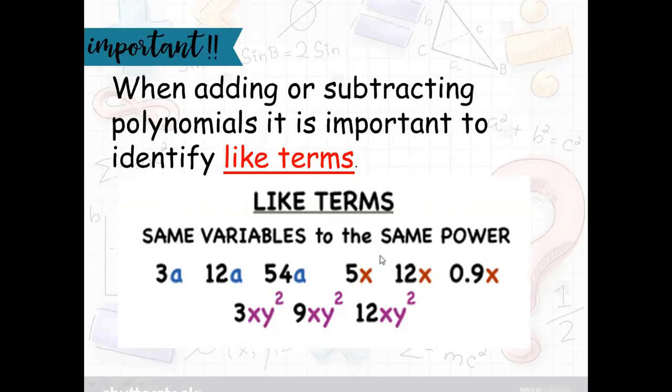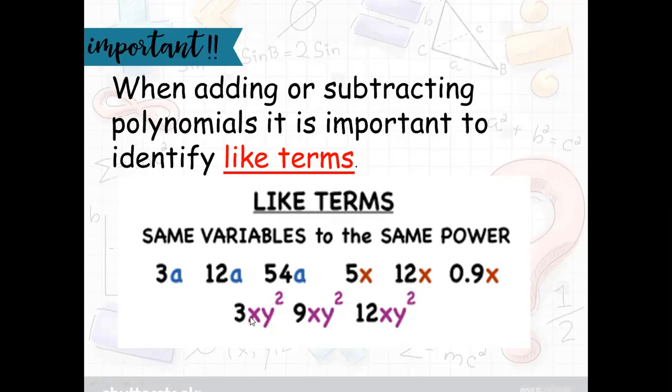In case there is a power for x, for example, if it was 5x squared, then 5x squared, 12x and 0.9x are not like terms, because 5x squared has an exponent, but these two don't. So for terms to be like terms, you should have the same variables with the same exponents.